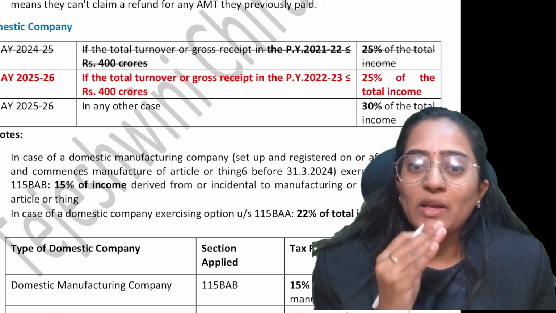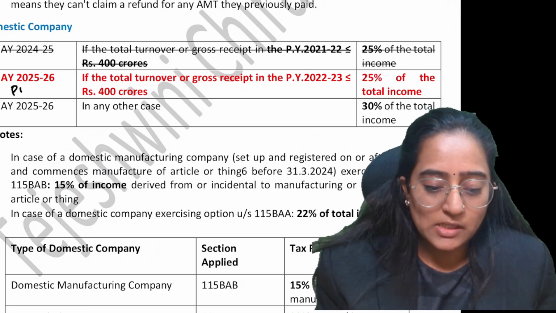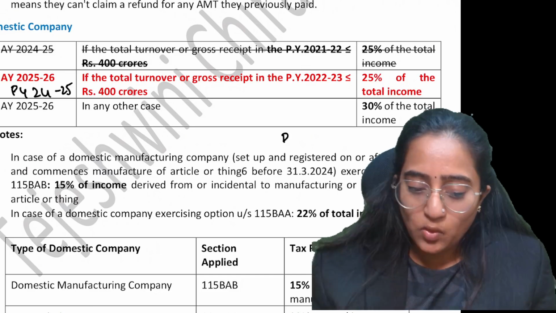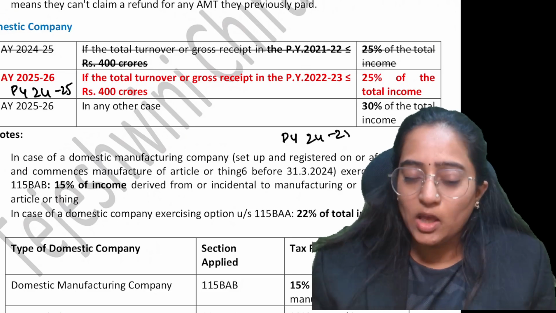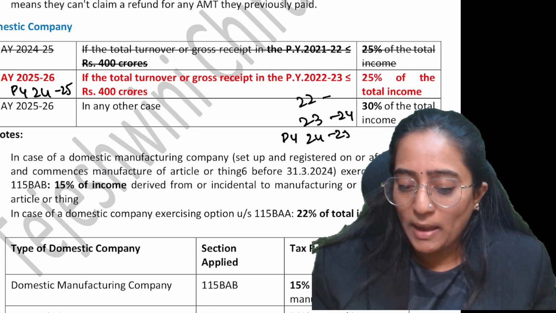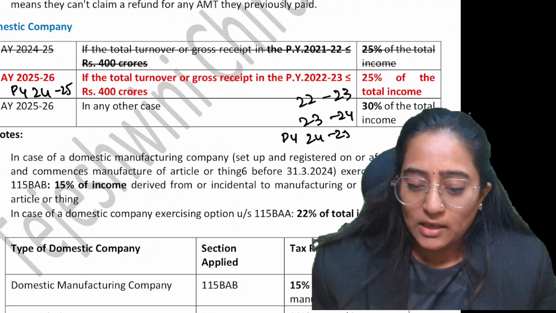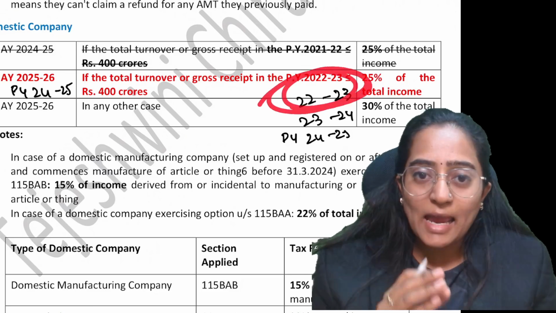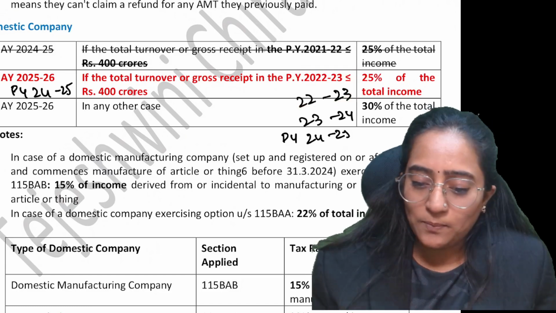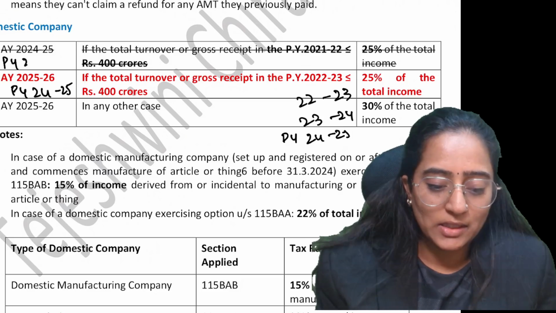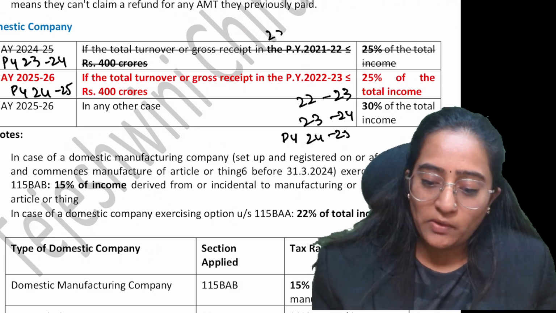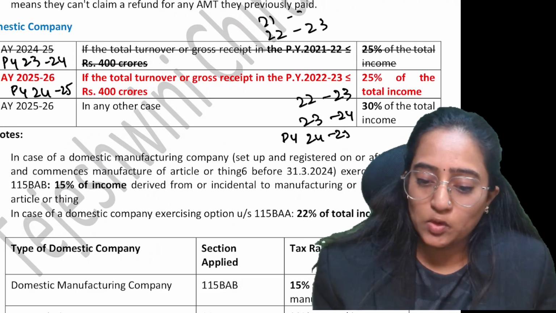It means that for every PY, this PY which is relevant is 24-25, correct? Whichever PY you have, say 24-25, go backwards for how many years? 2 years. Catch hold of this 22-23 PY, whichever year you take here. This is for PY 23-24, no? Go backward 2 years for 23-24: it is going to be 22-23, then 21-22.